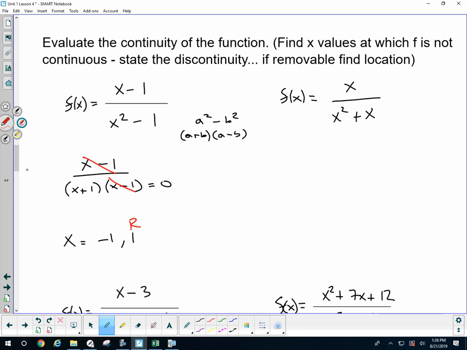Now, after canceling, I have created, just really quickly, this f star. I can plug 1 into the simplified 1 over x plus 1, and I get the location is at 1, 1/2. I can confirm that using my calculator.